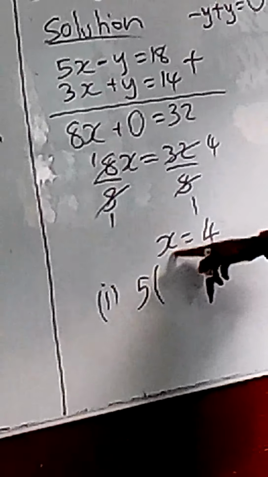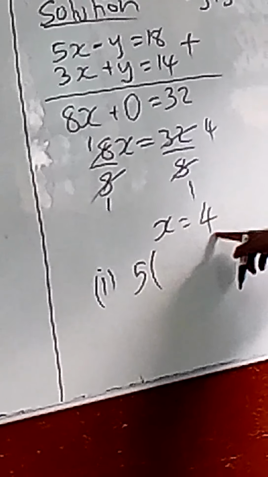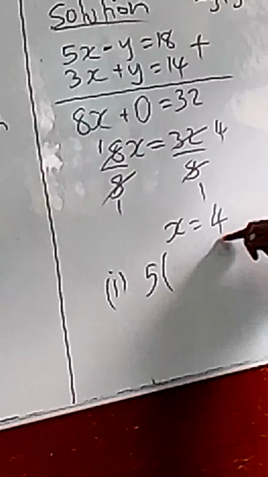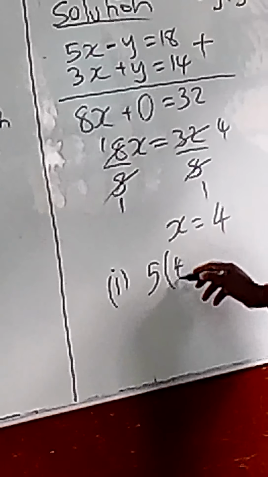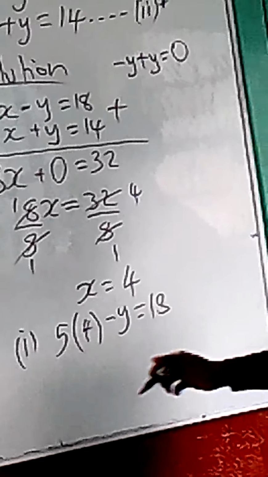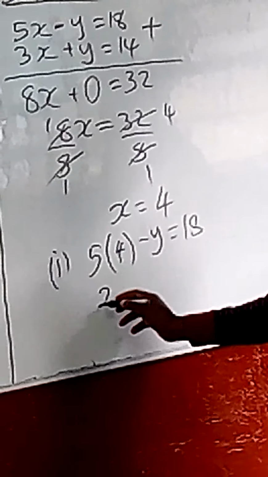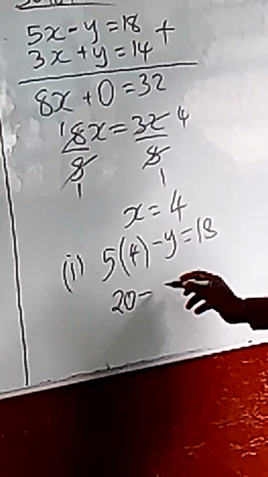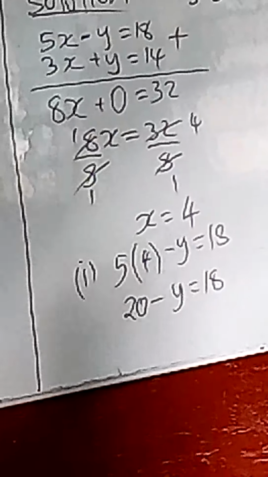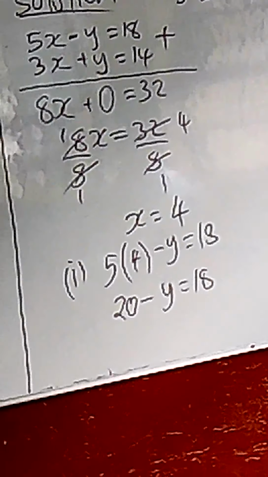Where you have x, instead of writing x, you write 4, because you already know the value of x is 4. What is 5 times 4? 20 minus y is 18.